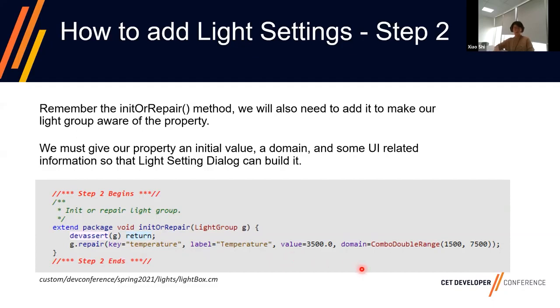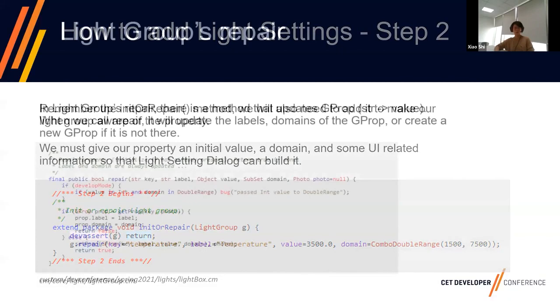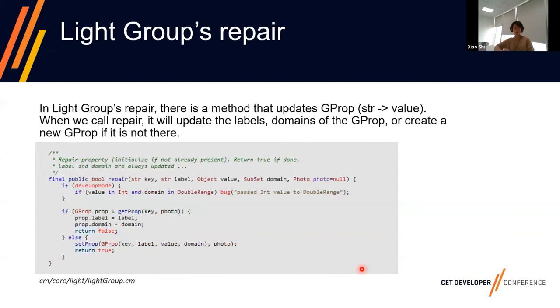And if you go inside of the repair method, it just takes out the prop that's stored in the light group itself, sets it up if it cannot find it, or just updates it.